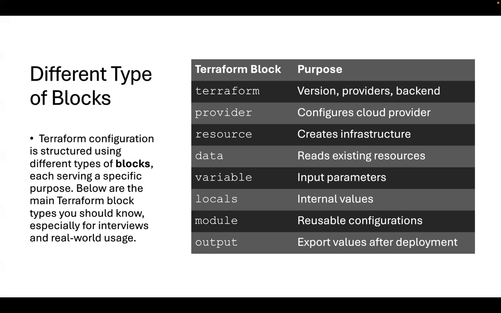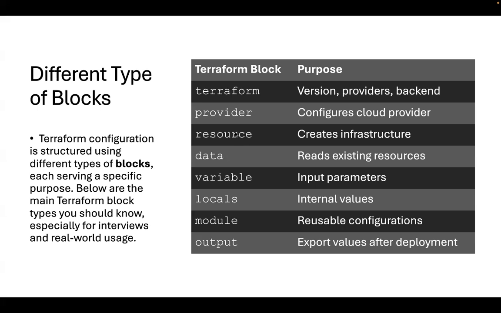During that time, we declare everything in one file. The terraform and provider blocks are where you pass the authentication and authorization details to connect to the Azure cloud. The resource block is for the new resources which you want to create.